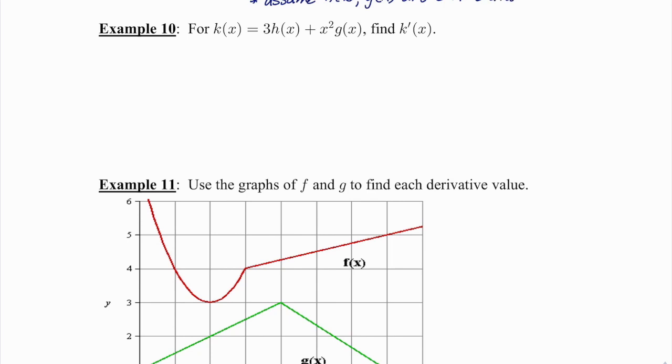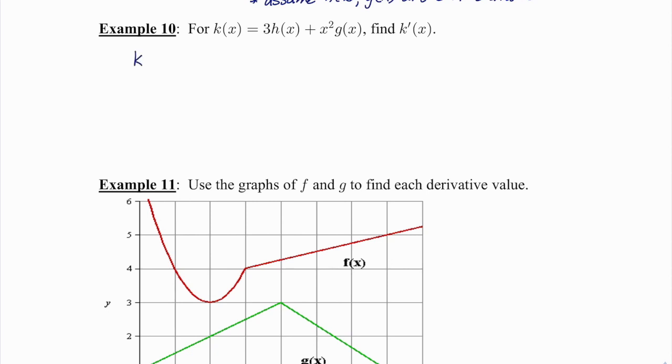And that k is a combination of those functions and also the constant multiple 3 and the function x squared. So if I want to find the derivative for k, it's going to involve the derivatives of these other functions.